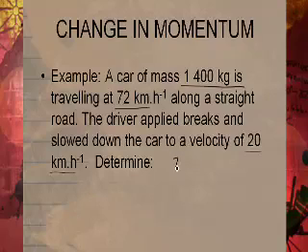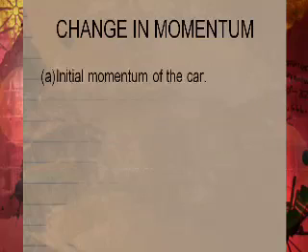But quickly, let's convert this. 72 kilometers per hour into meters per second, we divide by 3.6. 72 divided by 3.6 gives 20 meters per second. And then 20 kilometers per hour divided by 3.6 is 5.56 meters per second.